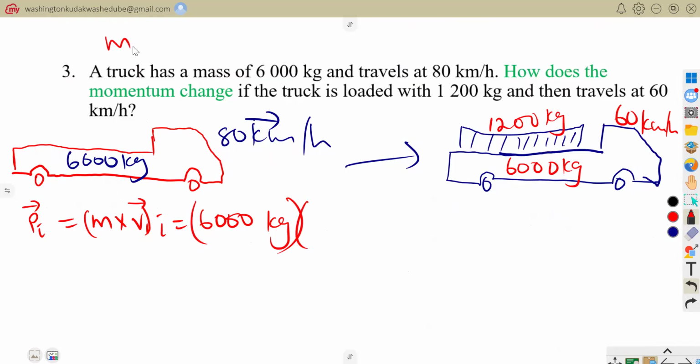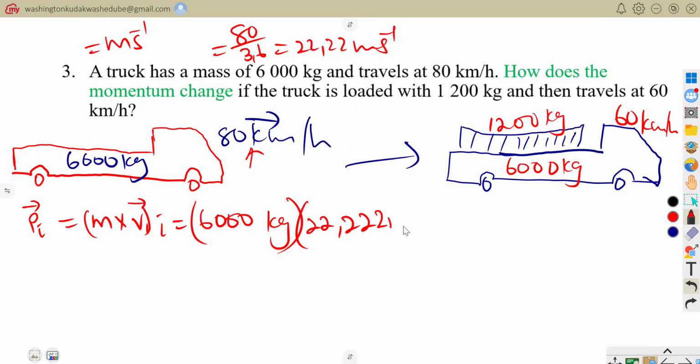We know that velocity is measured in meters per second, so we need to change 80 kilometers per hour to meters per second. We divide 80 by 3.6 to give us 22.22 meters per second. Just know that the conversion factor from kilometers per hour is 3.6, so you just divide by 3.6 there. You would get 22.222 meters per second.